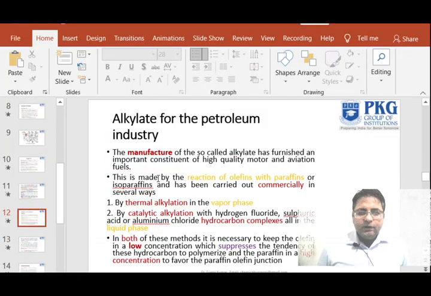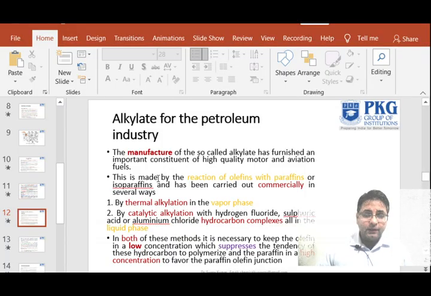And we have also seen how we can use this alkylation reaction in petroleum industries, and these alkylation reactions are used for manufacturing aviation fuels and motor fuels.